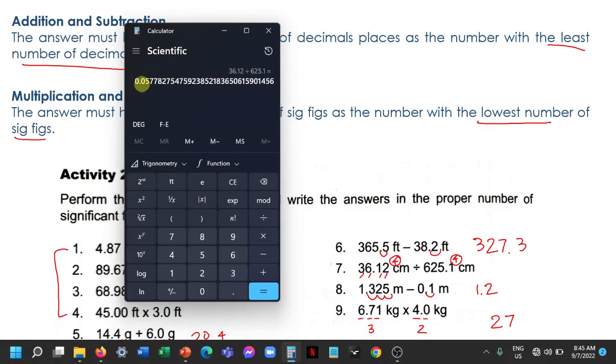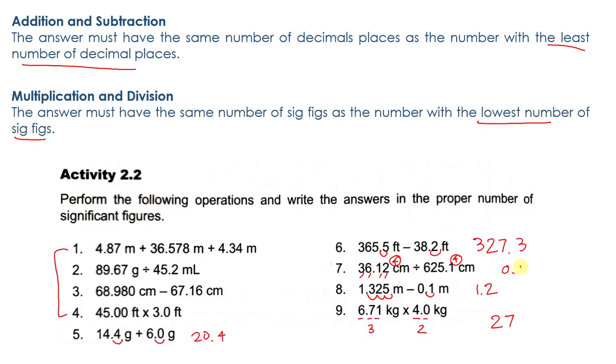Of course, these zeros are leading zeros, and leading zeros are not significant. So the counting starts at 5: 1, 2, 3, 4. So the answer is equal to 0.05778. Again, this number has four significant figures, 1, 2, 3, 4, right?